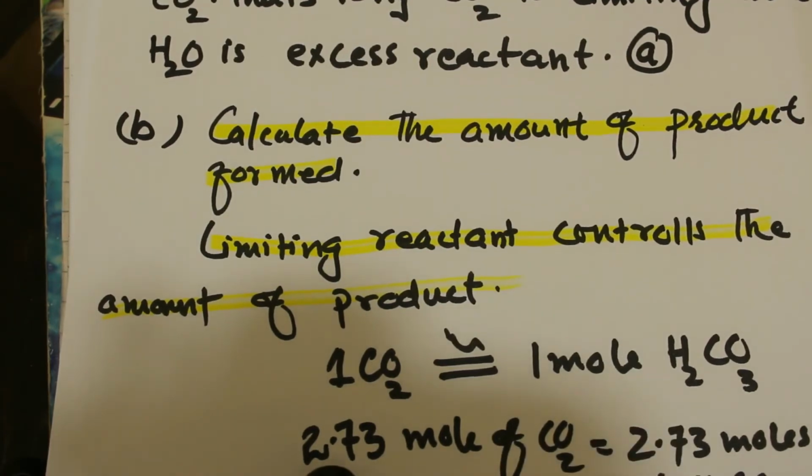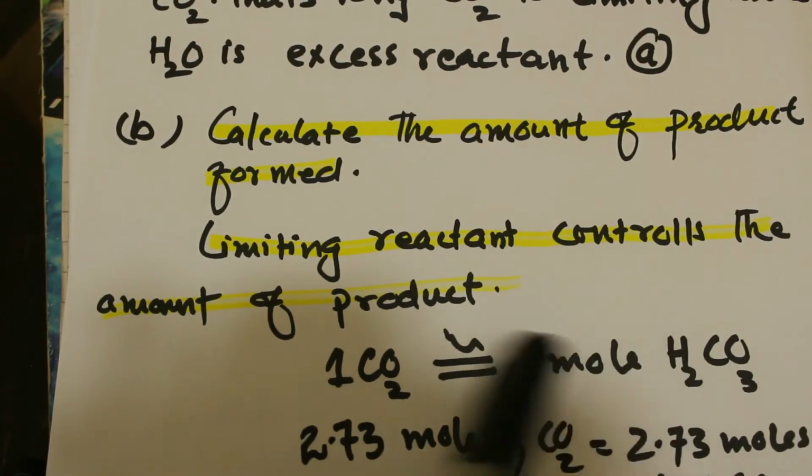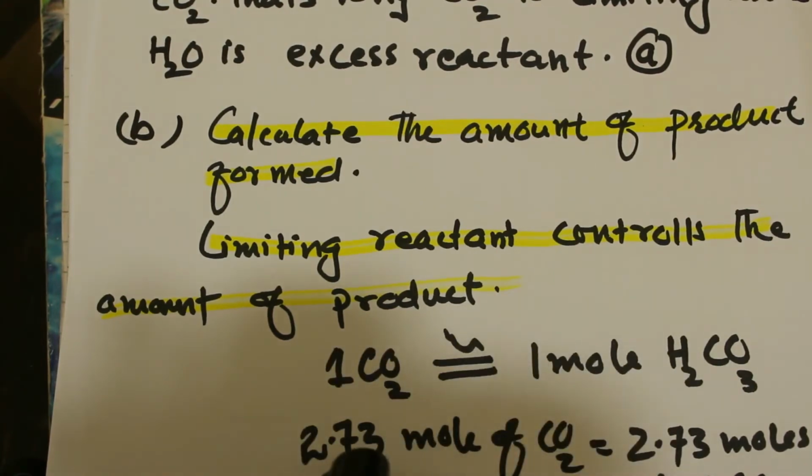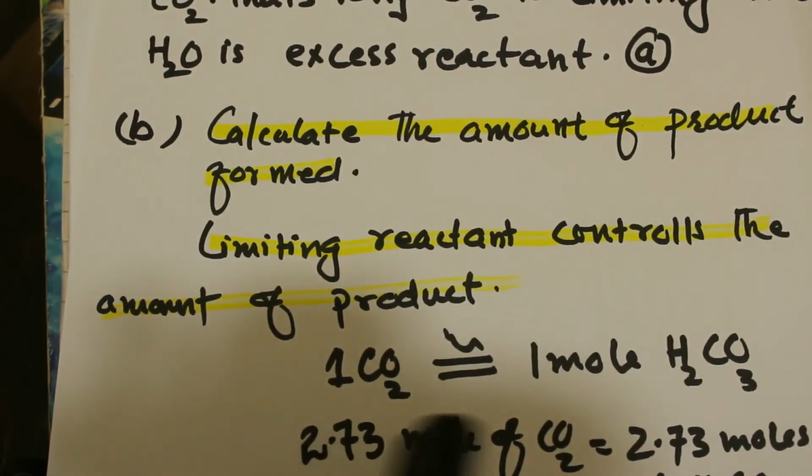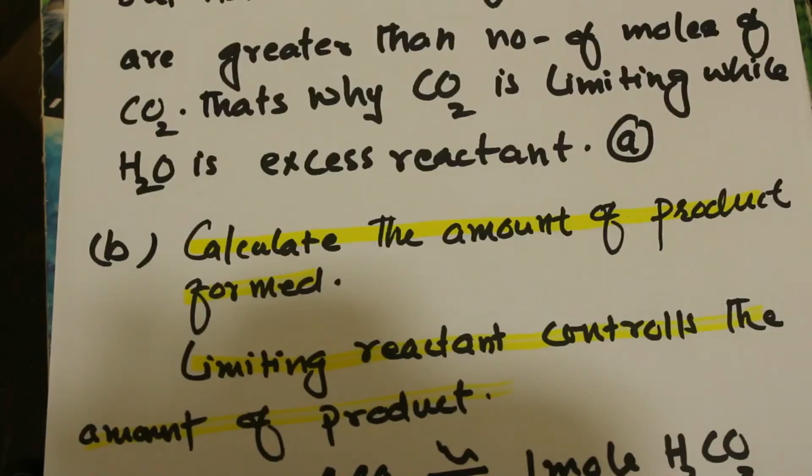So here we have 2.73 moles of carbon dioxide, so definitely according to this ratio, it will produce 2.73 moles of carbonic acid. Now in the next step, we just have to convert the number of moles of carbonic acid to number of grams.